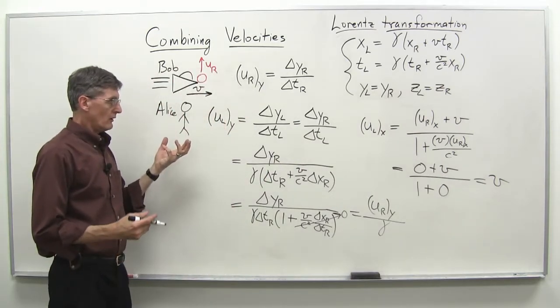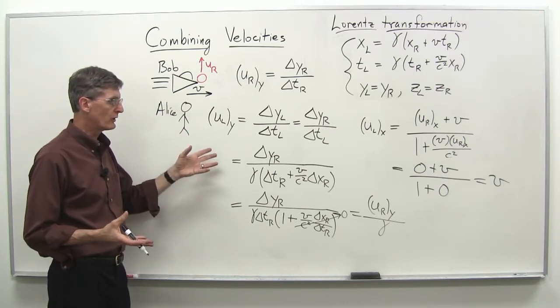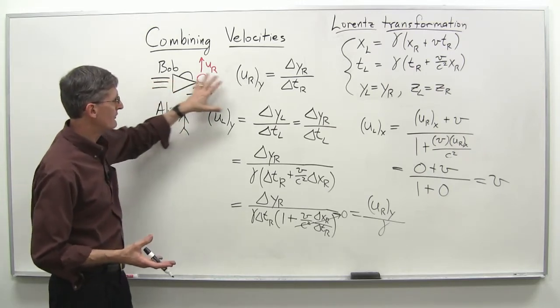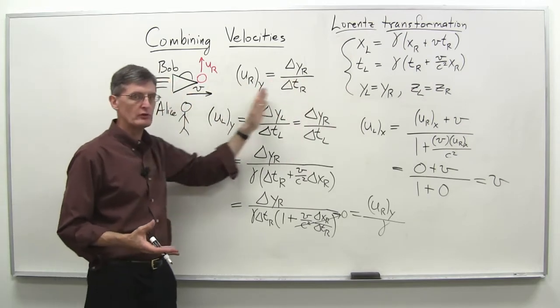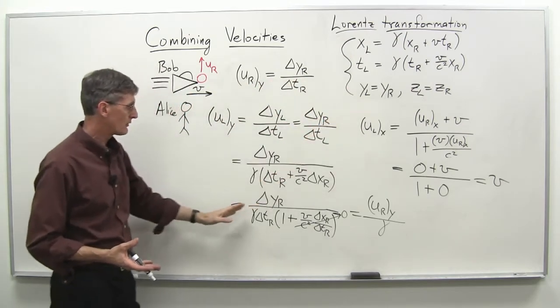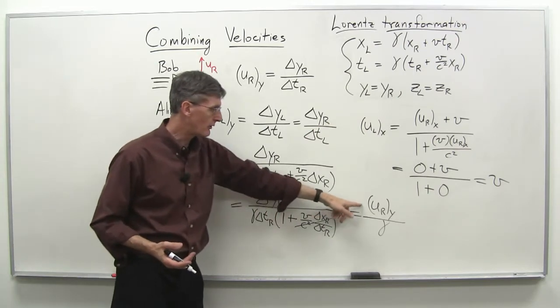So there are two components to the velocity for Alice. One component is just the velocity v in the x direction, because that's just the motion of the spaceship. And the other component of the velocity in the y direction for Alice is u sub ry over gamma.